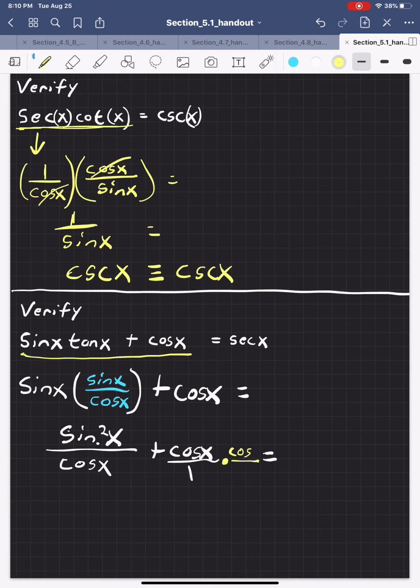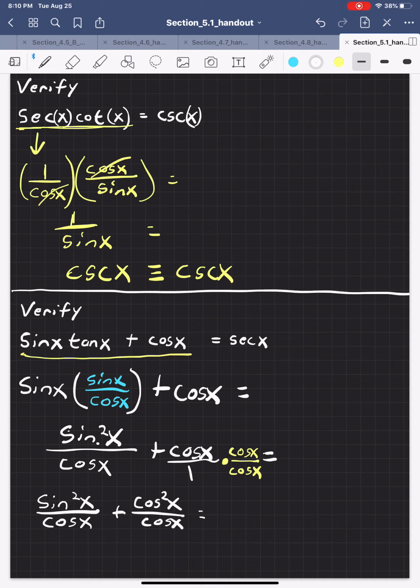So I want to multiply by cosine of x over cosine of x. Let me simplify this. Now at this stage, I have sine squared x over cosine of x, plus cosine squared x over cosine of x.